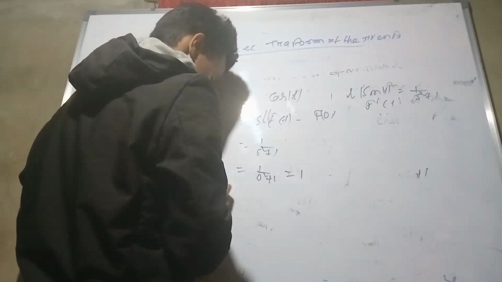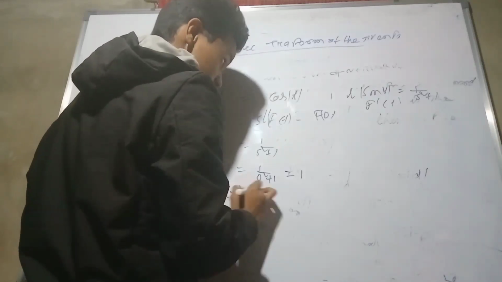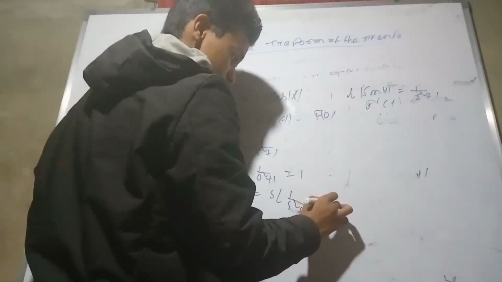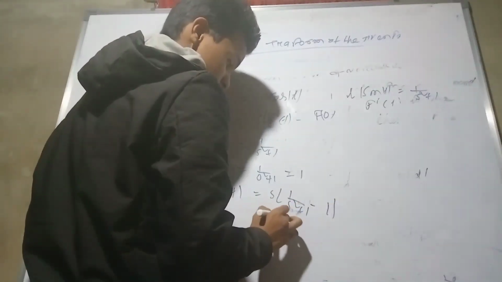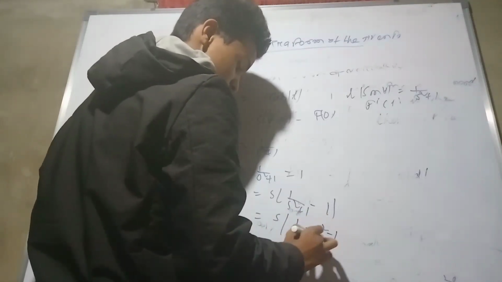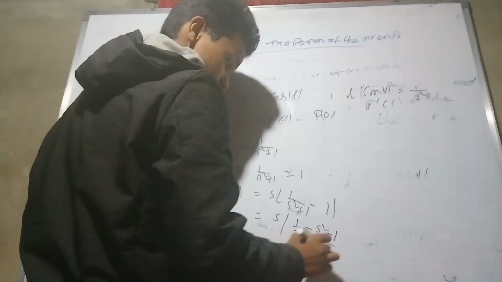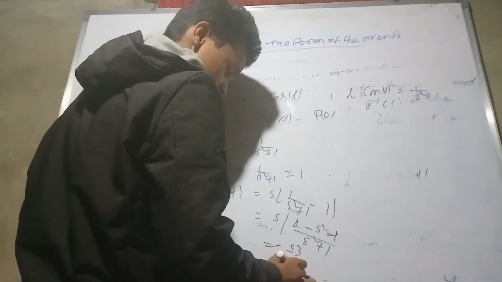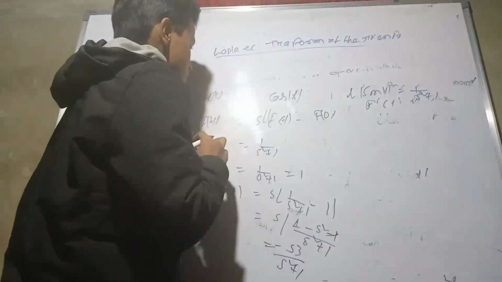So the Laplace transform of f dash t will be s upon s square plus 1 minus 1. That gives us (s minus s square minus 1) upon s square plus 1. After the calculation, that becomes minus s square upon s square plus 1. So that is our Laplace transform of the function.